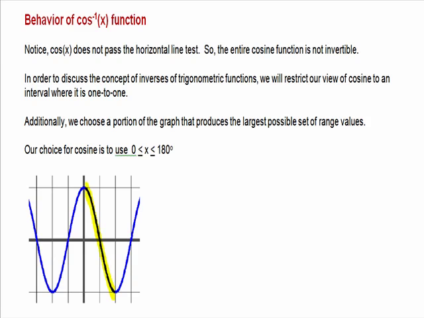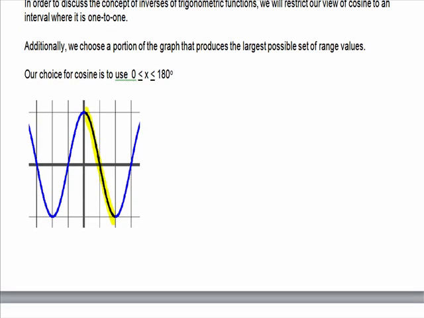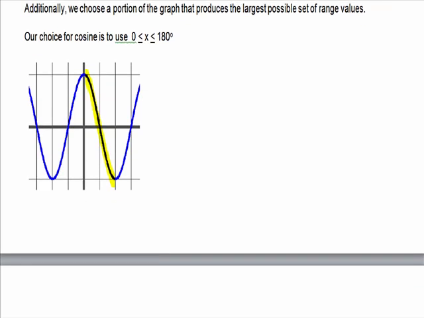And I shaded that with the yellow on my graph. You'll notice that that's a piece that passes the horizontal line test, and it gives me all of the cosine values, because remember, cosine's smallest value is -1, and its largest value is 1. And so this range works out very nicely for me.